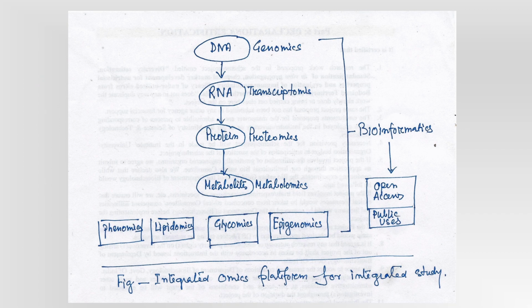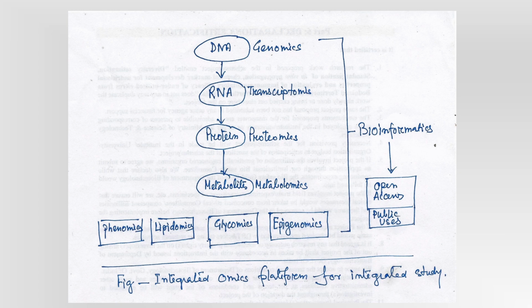The general perspectives of genomics, omics techniques, basically, as I told you, omics techniques all are interrelated. We don't have a boundary between genomics and transcriptomics, transcriptomics and proteomics, proteomics and metabolomics. We don't have a separate boundary. They are all related.